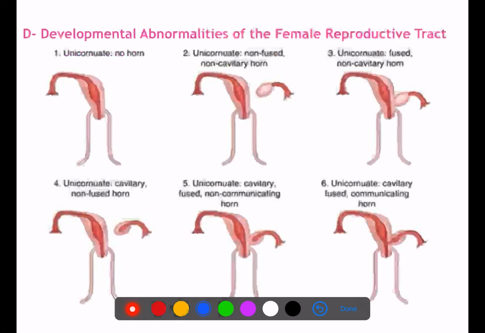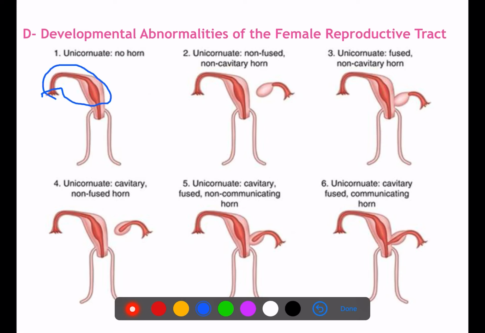Last but not least, in the female genital system, before we start talking about the mammary gland, we have developmental abnormalities in the female reproductive system. These developmental anomalies rarely occur and are uncommon in animals, like the unicornuate uterus.